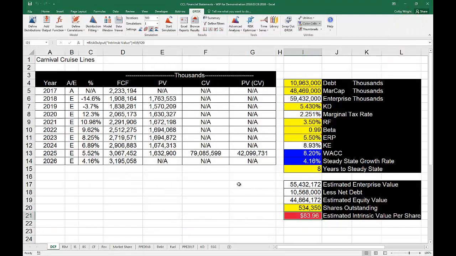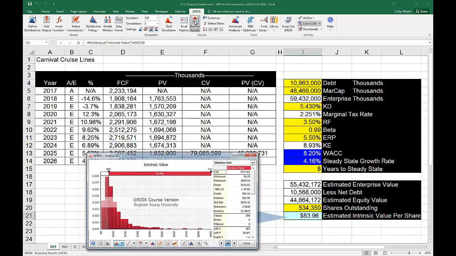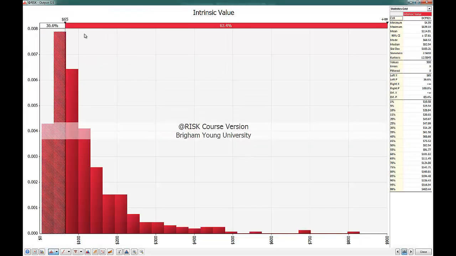So, okay, coming out of this, I get $83.96. That was my static best case intrinsic value estimate of the DCF model. That's clearly a buy or a strong buy. But when I actually went in and did my simulation analysis, I'm realizing that really only about 55.6% of my recommendations represent buy or strong buy.